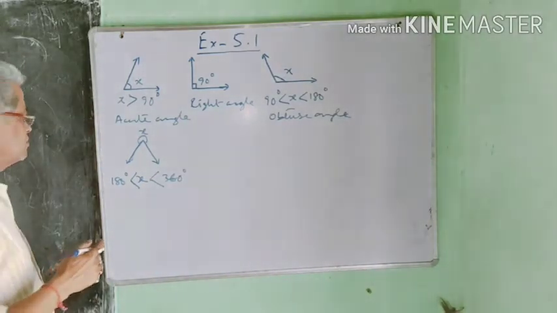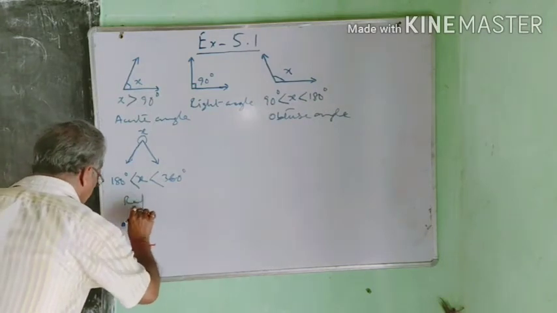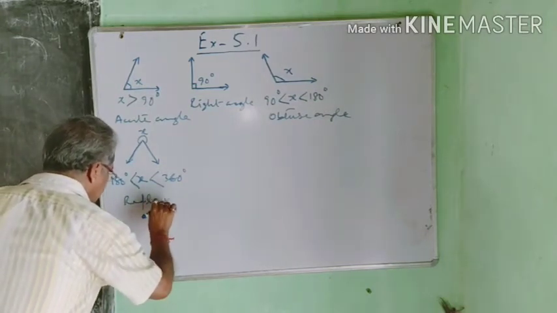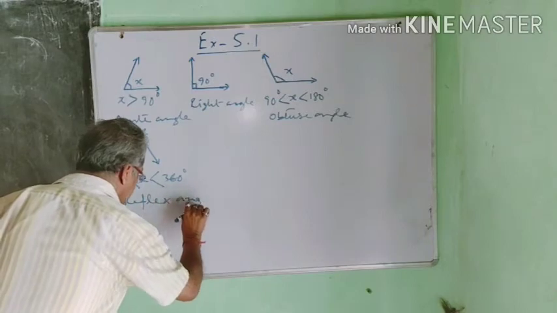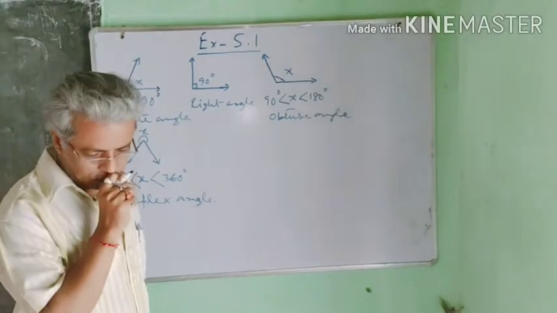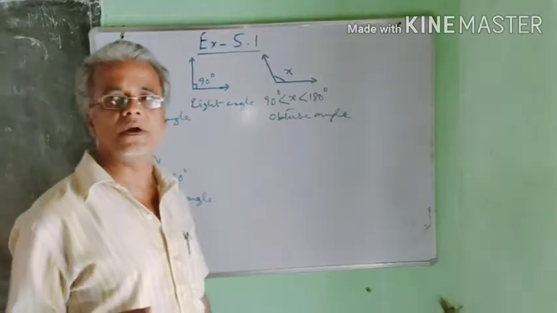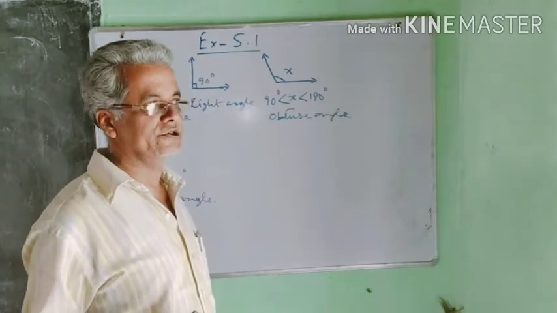Such angles are known as reflex angle. So a reflex angle is more than two right angles but less than four right angles.